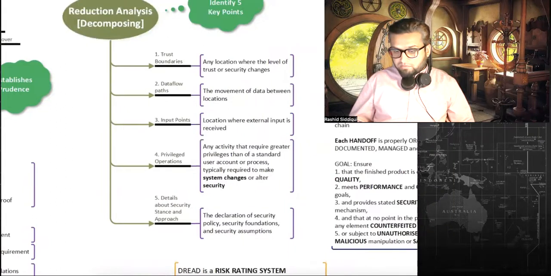For me, it should be step number 1, but since it is explained, documented, and agreed by everyone, that should be step number 5, though I have no problem with that. But having a security policy, security assumptions, foundations, standards is something which should be on top. And then we should discuss the environmental factors, trust boundaries, data flow path, input point, privilege separation.